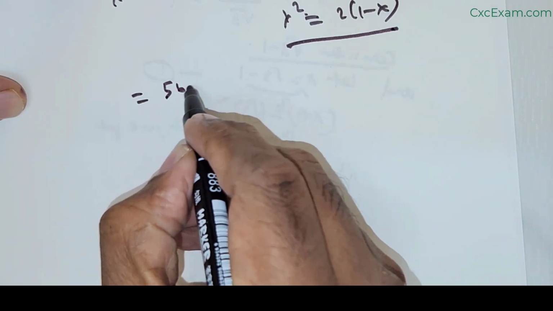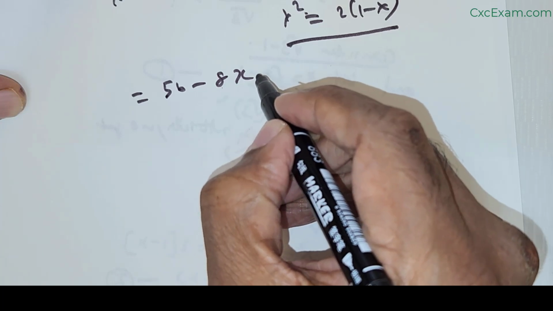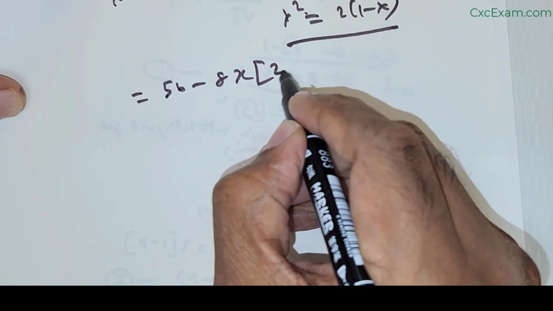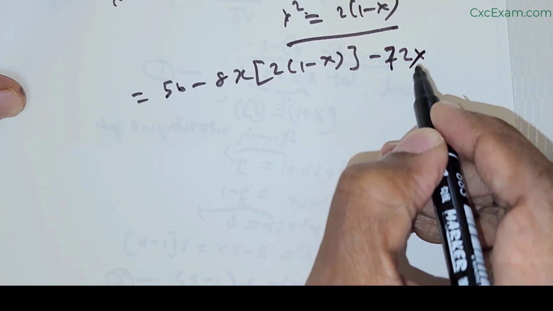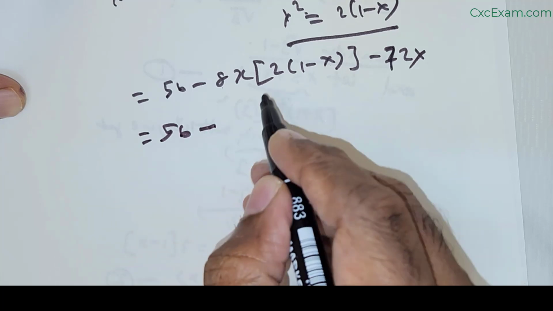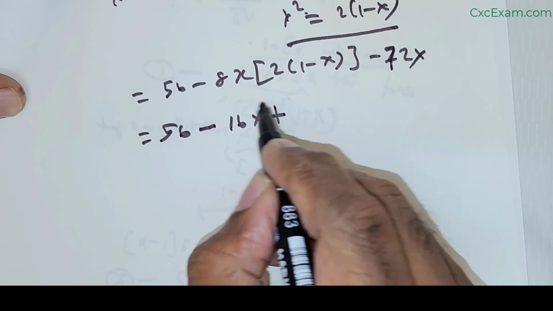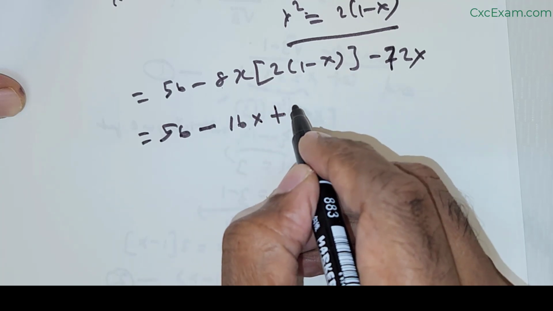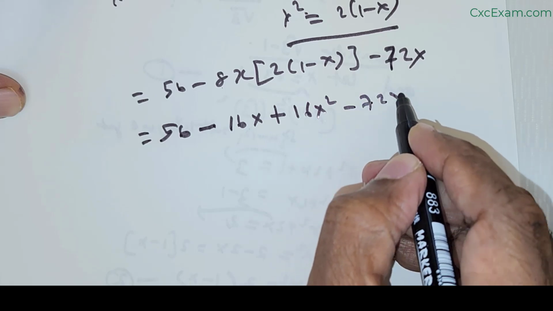As I mentioned to you, I'm going to write this as 8 times x². So in place of x² I use 2 times (1 − x) − 72x. So it's going to be 56 − 8 times 2, 16x, then plus 8 times 2, 16, times x² − 72x.